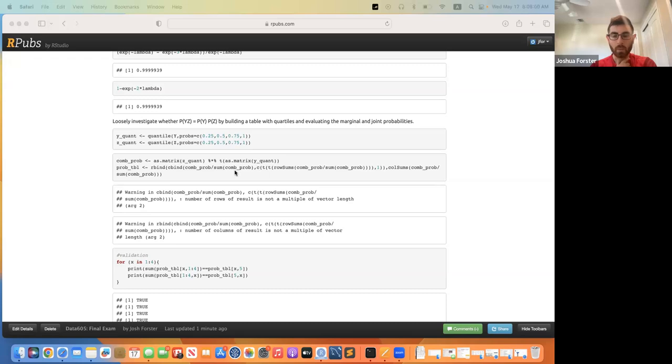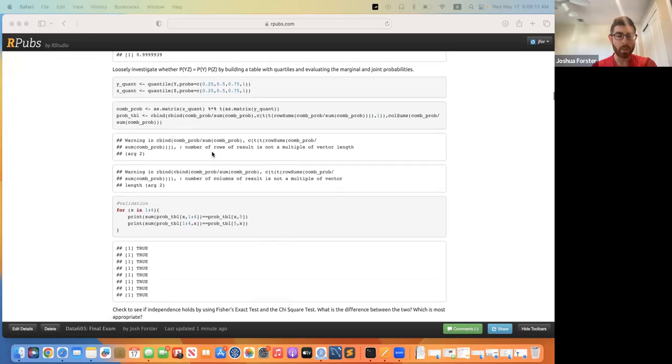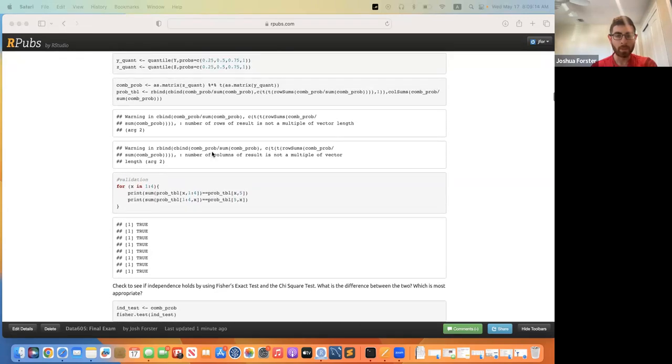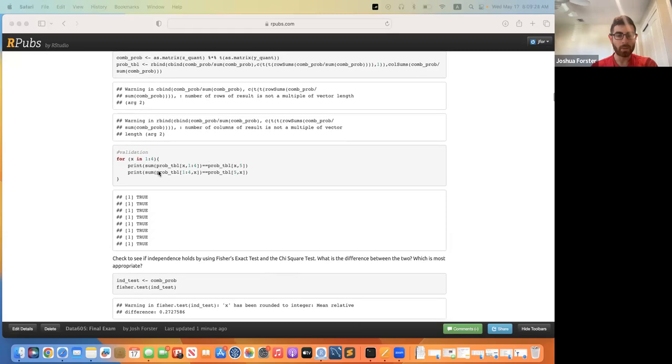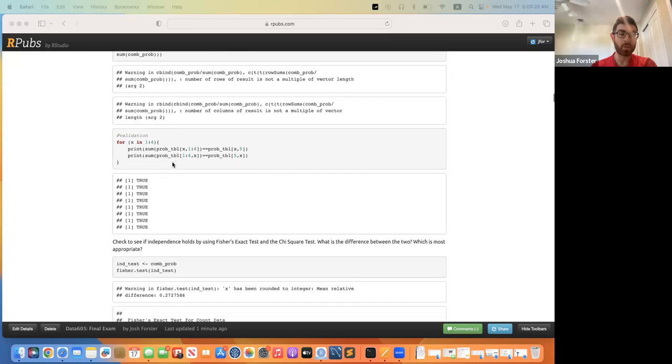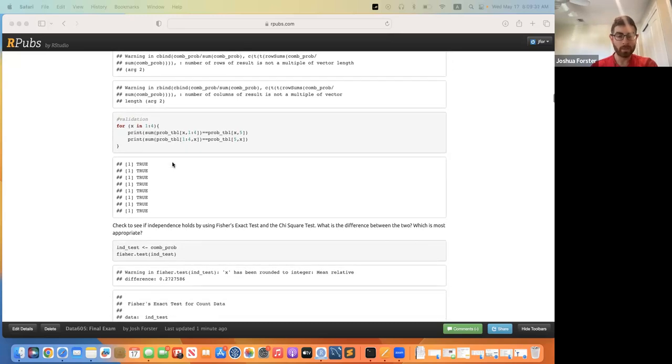Once I did that, I divided by each row value, so that I could get a percentage for each quadrant, the sub-percentages across that full quadrant. Then I did a little bit of validation to make sure that the sums for rows and the sums for columns all agreed.